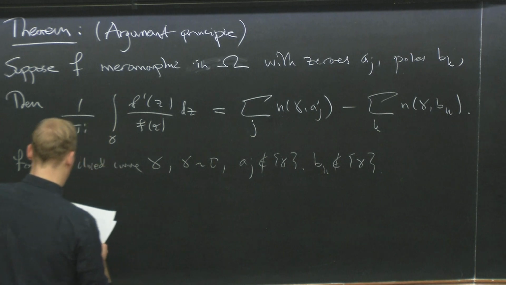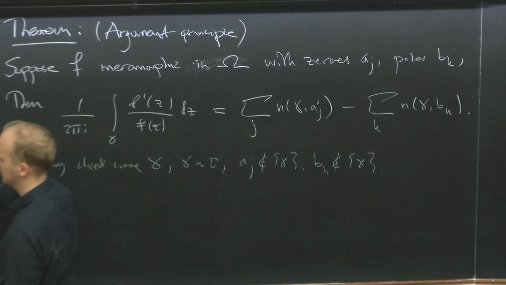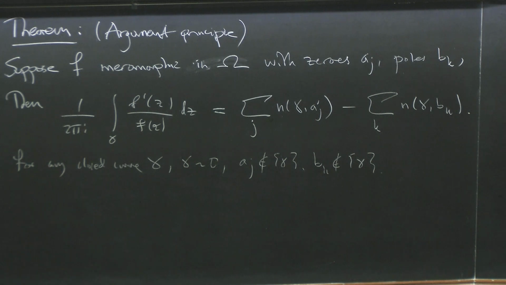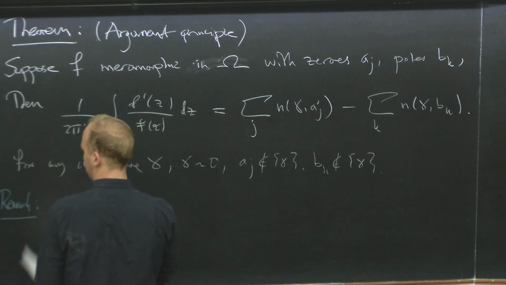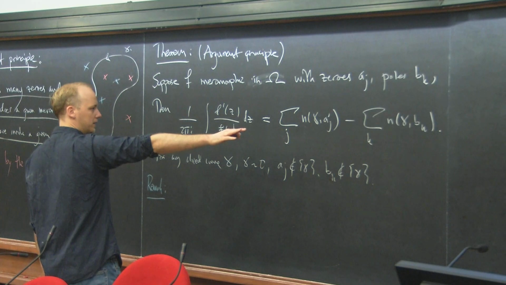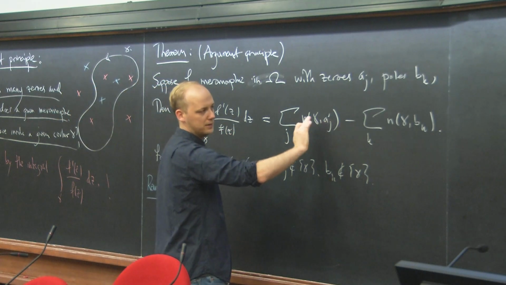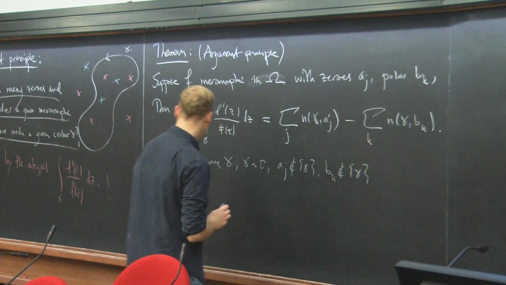Okay, so the remark. What is the relation with what I just said? In what sense does this count the number of zeros and the number of poles of this function? So let me just remark on this here. Of course, this is a special case of this theorem, or a special consequence in case these winding numbers are always either 0 or 1, right?